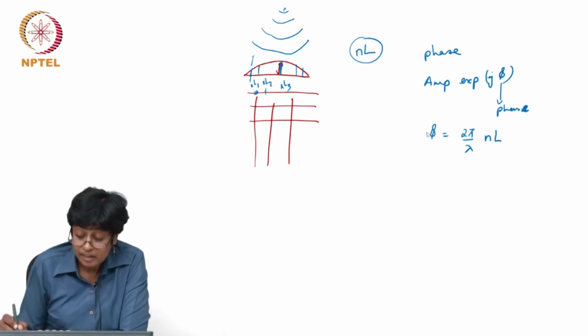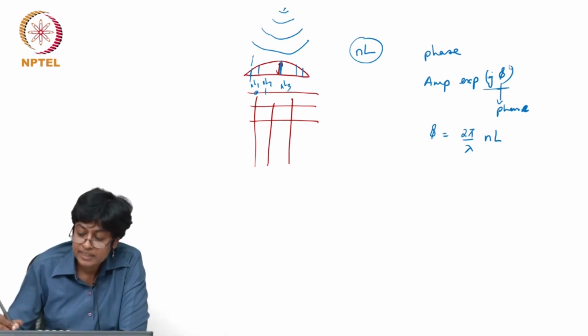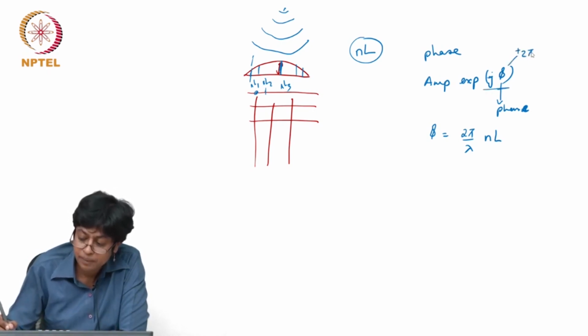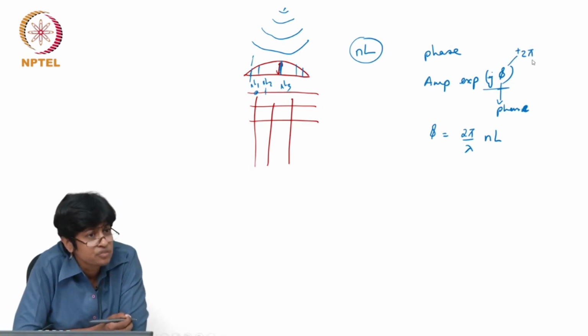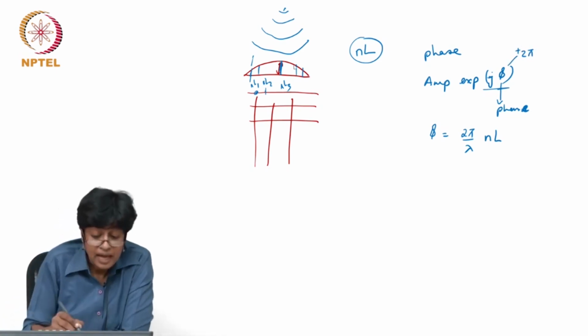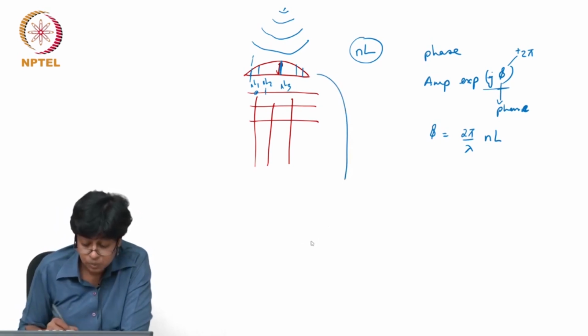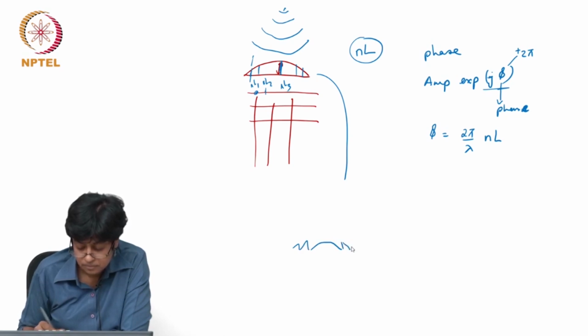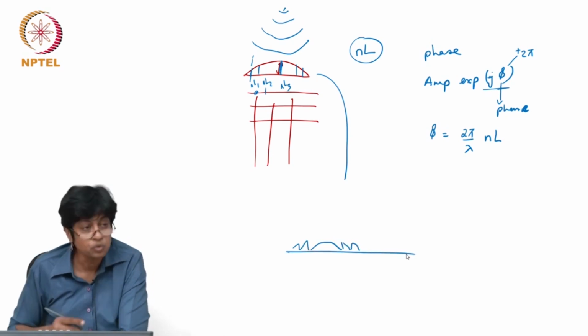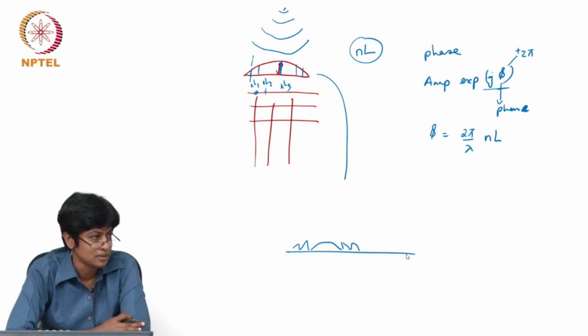So if this is phase, if I said, okay, let me add plus 2 pi everywhere, doesn't make any difference. So I can convert this lens into a lens which just has these variations. I've removed all the excess 2 pi's.